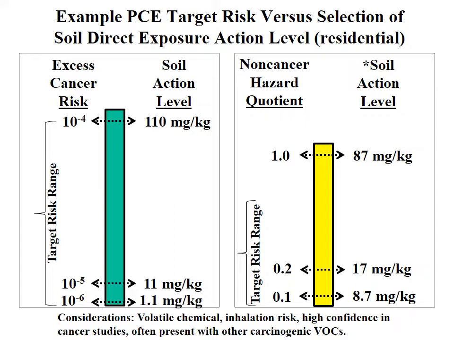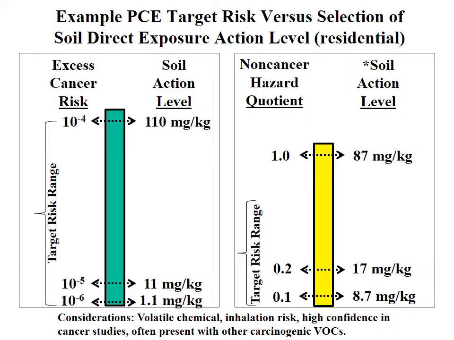Now what this means is you could have up to 10 other chemicals in the soil at their action level, if it's based on a 0.1 hazard quotient. And if you had 10 other chemicals at their action levels, the risk would still just add up to 1, or a hazard index of 1. So you're safe using that. That's pretty conservative.